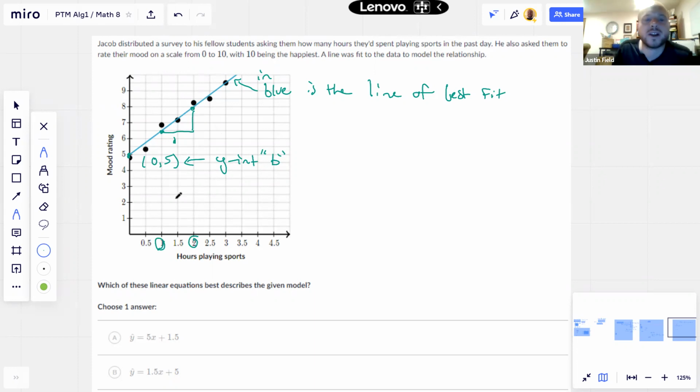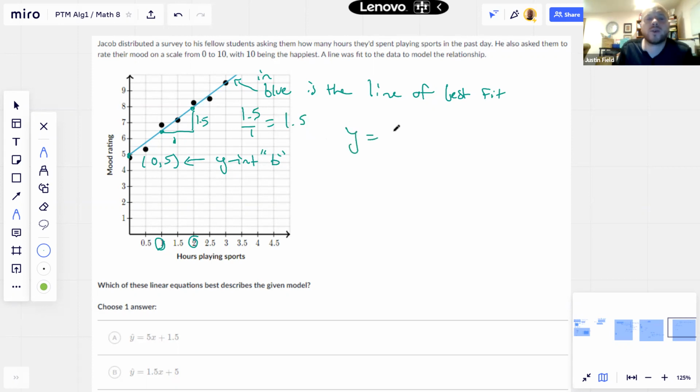So each square on the x-axis is half an hour. Jacob's trying to trick us. All right, and same thing on the y-axis. Each is going up by half. So that's 1, 2, 3. That's 1.5. So the slope is rise over run is 1.5.